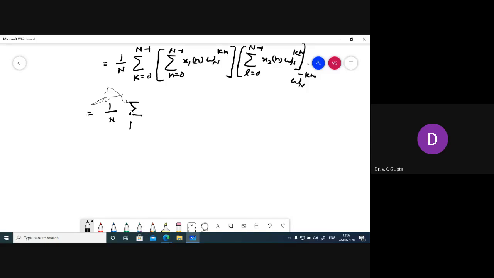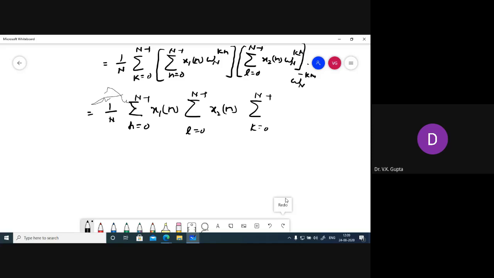Sigma n equal to 0 to N minus 1, x1(n), sigma l equal to 0 to N minus 1, x2(l). All the terms which have k are summed together, sigma k equal to 0 to N minus 1. This term has k, this term has k, this term has k.